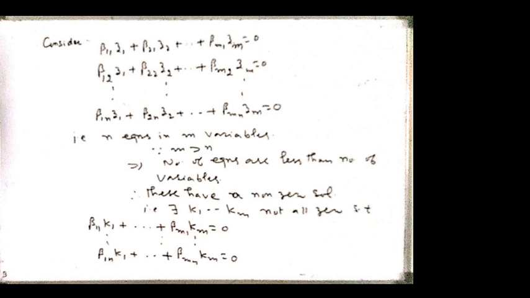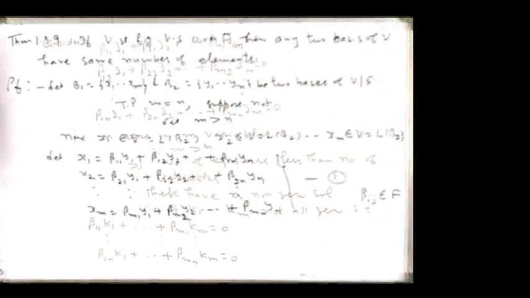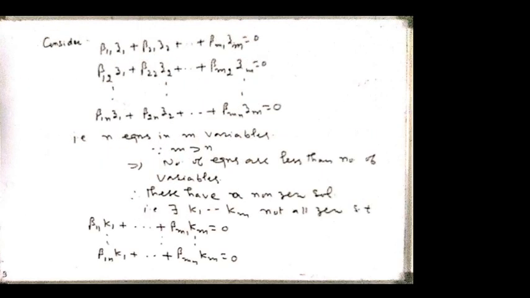Now these are n equations, because the first equation starts from beta 1 1, the second starts from beta 1 2, the last starts from beta 1 n. So these are n equations in m variables z1 z2 zm, and I have taken m greater than n, so the number of equations is less than the number of variables.